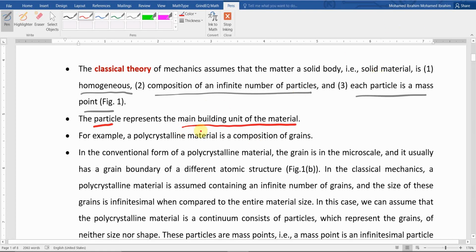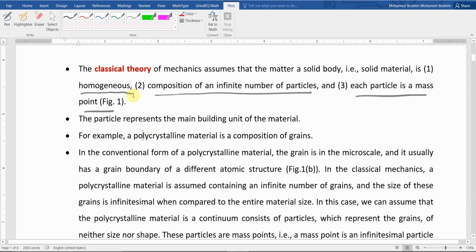Assume that you have a solid material. What does particle mean with respect to a solid material whose mechanics we are interested in? The particle is the main building unit of the material. If you remember from the material science class, the material is a composition of some building units. This building unit would be like a grain in the case of a polycrystalline material.